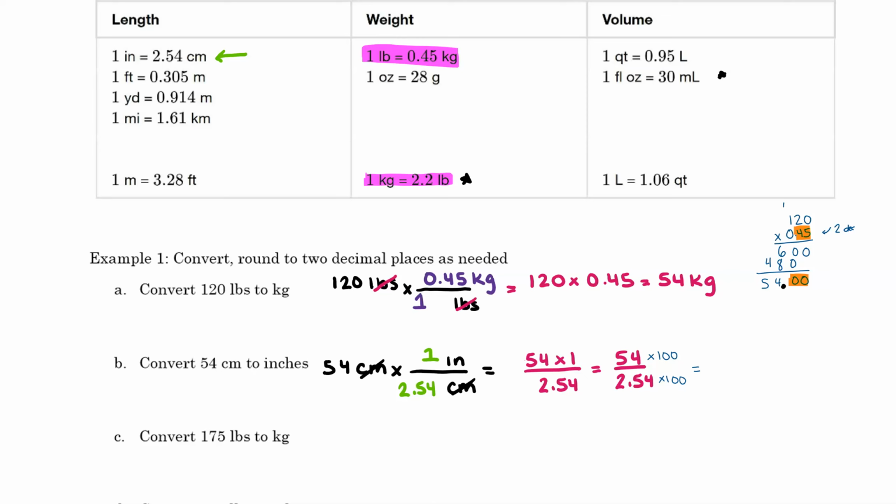So that gives you 5,400 over 254. Now, both of those are even, so we can start dividing down. One trick here is when you have to do division on paper without a calculator, you can make your numbers smaller by dividing them both by the same number.